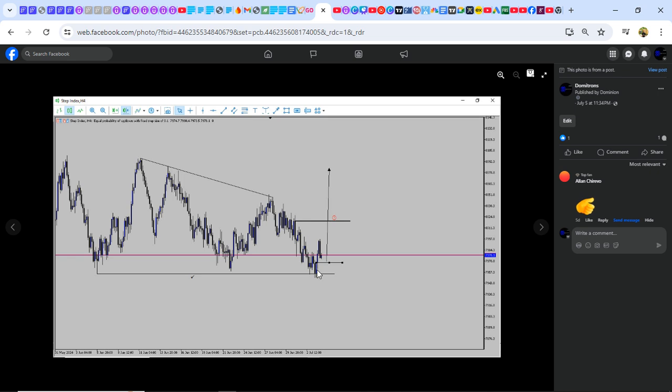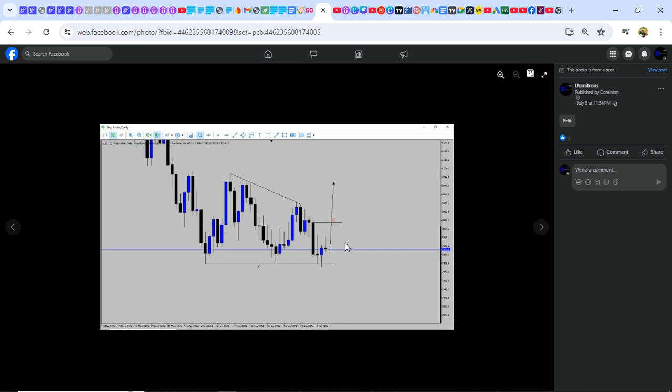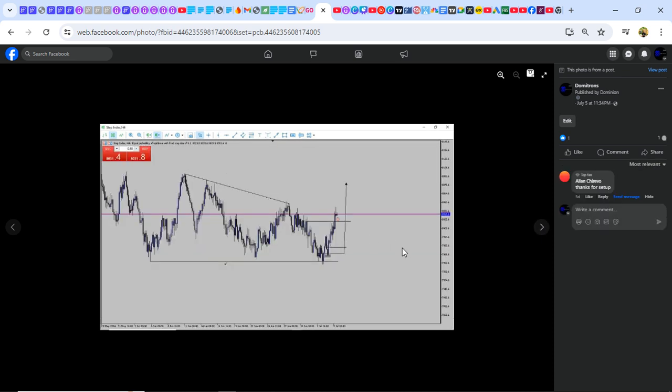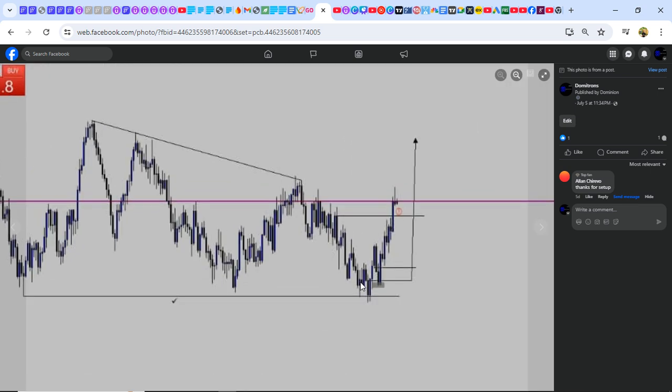This is the entry and the prediction, and this is the higher time frame, and you can see price tapped right there, the entry, and then we see it drawn to the point of interest.